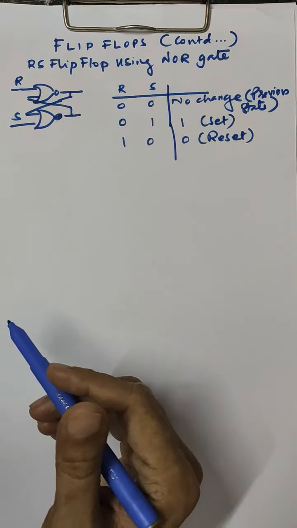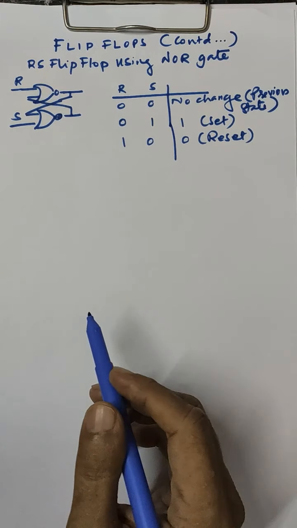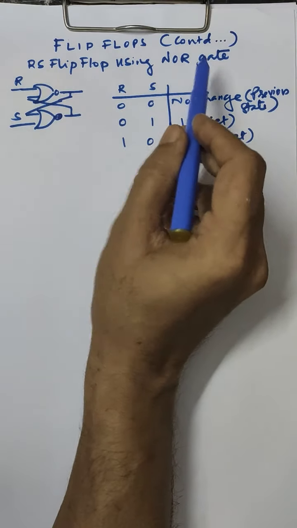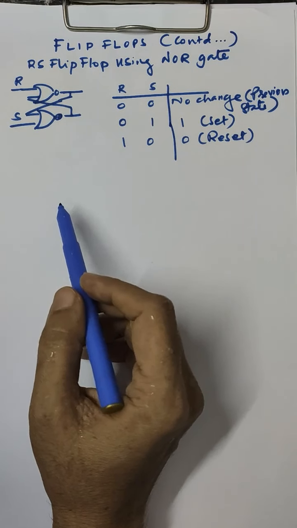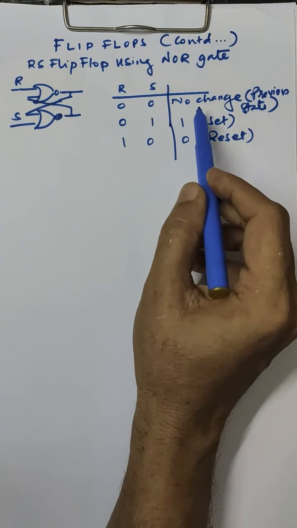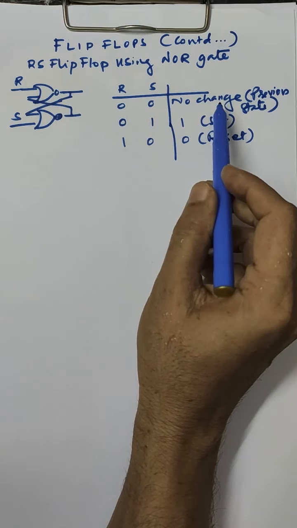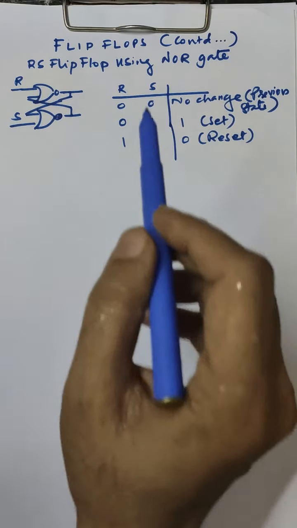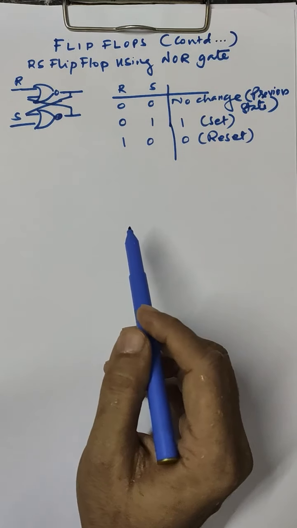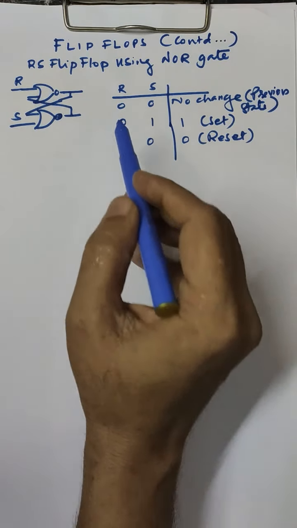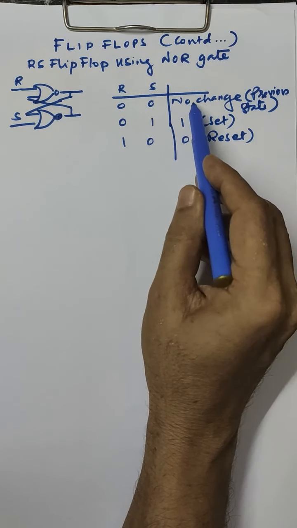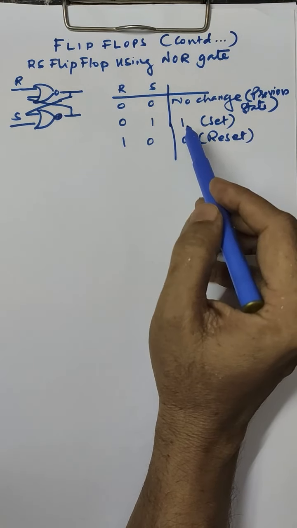So in the last class, we discussed the construction of an RS flip-flop using NOR gate and discussed the output corresponding to different combinations of the input, especially 0 0, which preserves the previous state.